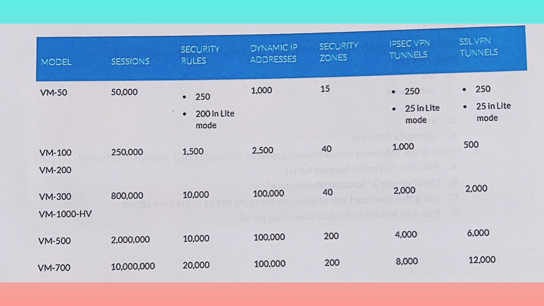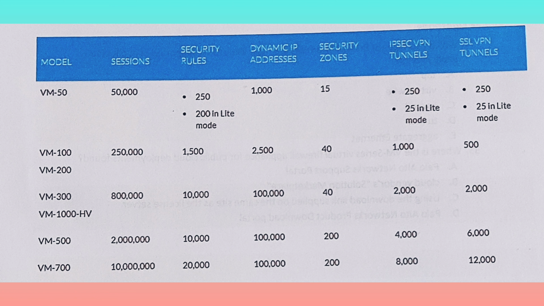All models can be deployed as guest virtual machines on VMware ESXi and vCloud Air, Citrix NetScaler SDX, KVM and KVM in OpenStack, and Microsoft Hyper-V. In the public cloud environment: Amazon Web Services, Azure, Google Cloud Platform, Oracle Cloud, Alibaba Cloud, and Cisco ACI. All models except the VM-500 are supported.